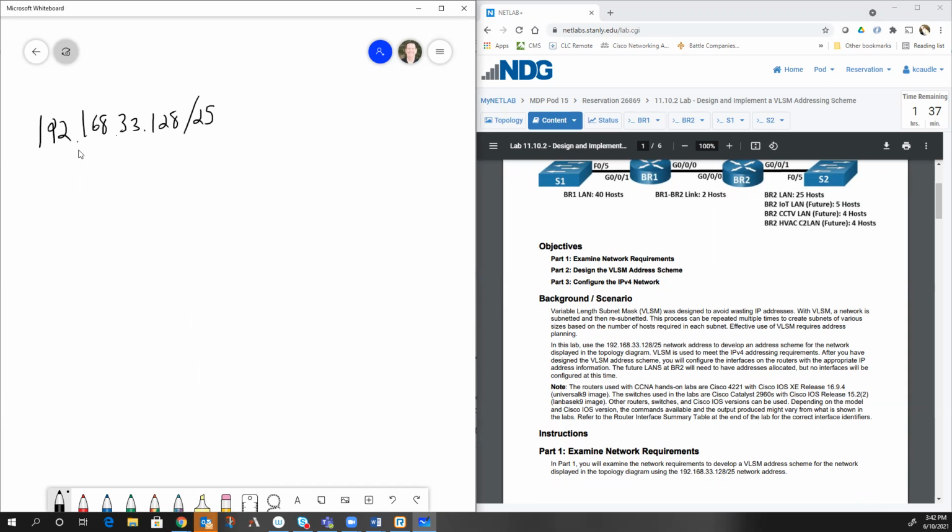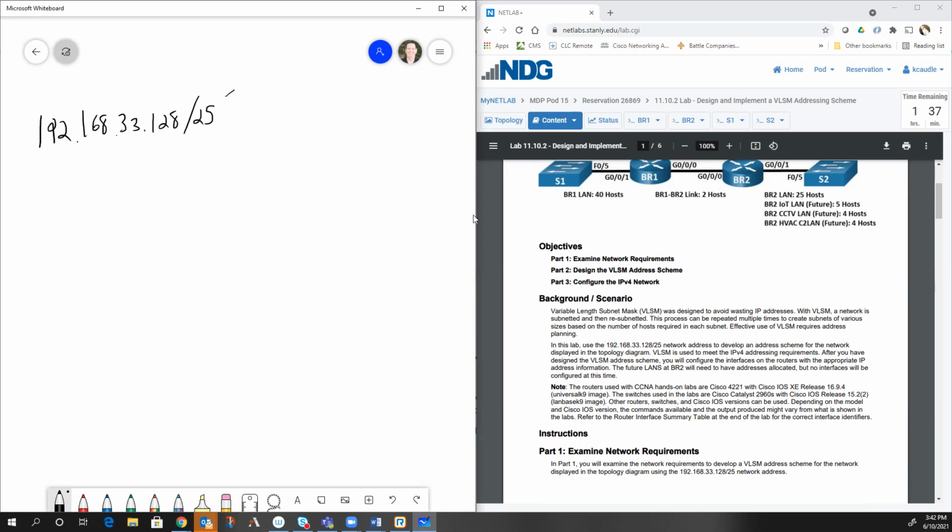In fact, they've already subnetted for us one time. They're giving us a subnet of a network already. Because if you'll see, this is 128 to 255. All right, because it's a /25 and our variable there is 128. We need to subnet this down to support 40 hosts. Right now it supports 126 hosts on each network.